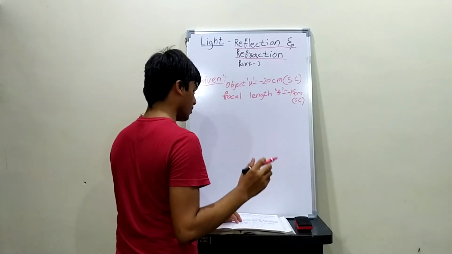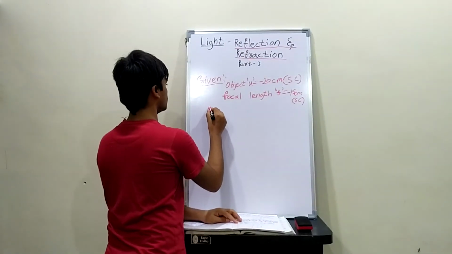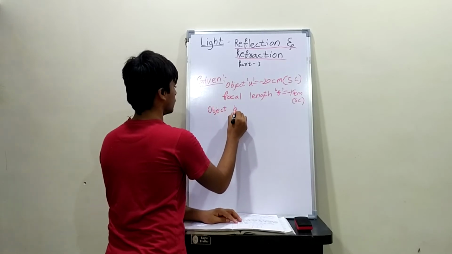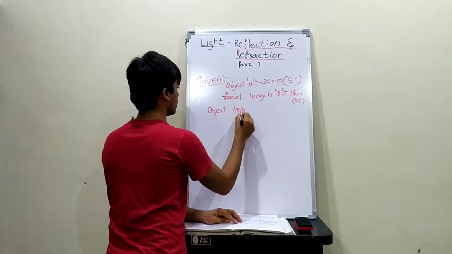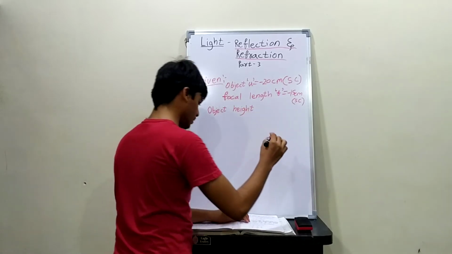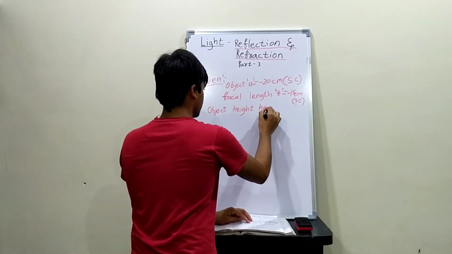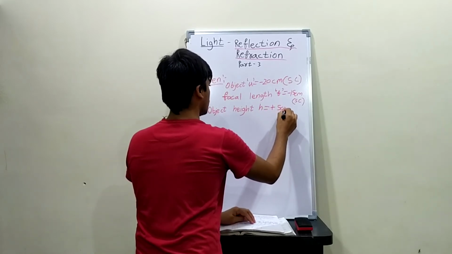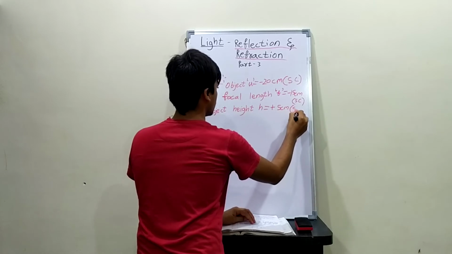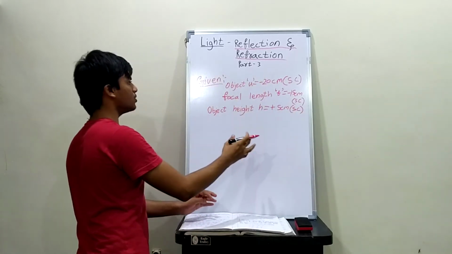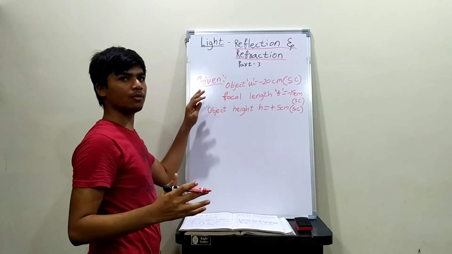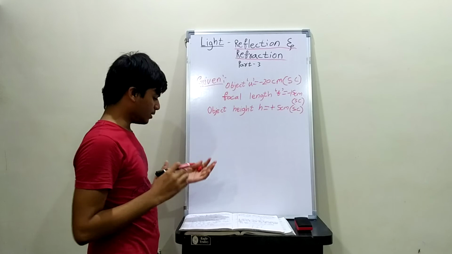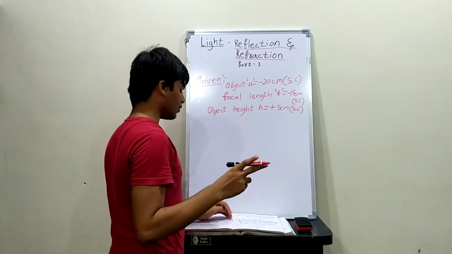The next comes object height, denoted by h, and this one is positive, 5 centimeter. So these all values are the parameters we have got from the question. If you want, you can check it once if you have copied the question. Now we are going to start our solution.